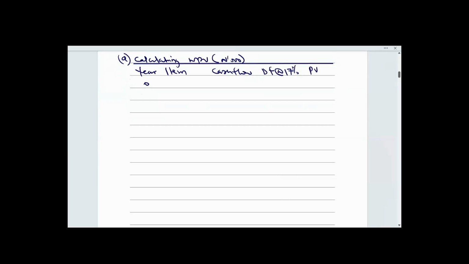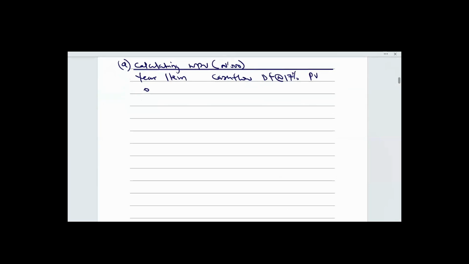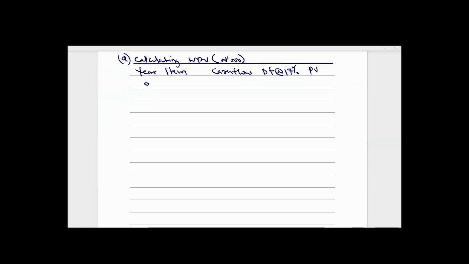Before this, I will need to go back to the question. According to the question, we are given selling price to be 24 naira. We are also given variable cost to be 18 naira. That means we need to calculate contribution per unit. Once you have the contribution per unit, you then multiply with the number of units sold.